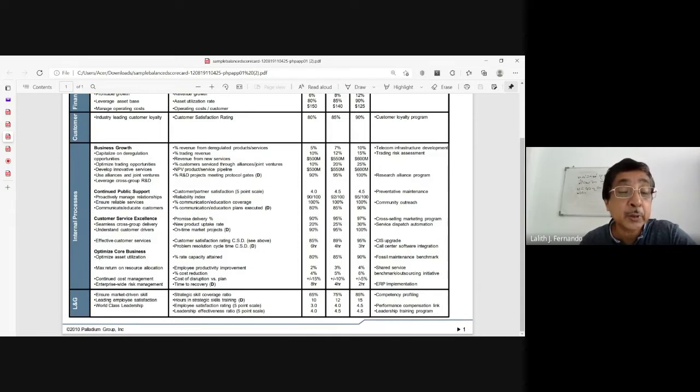So if you have a need of, say, 100 of those skills, but you have only 70 of those skills with your staff members, then you can say it is only 70%. That is what you call skill coverage ratio. I think that's not a very difficult thing to think.